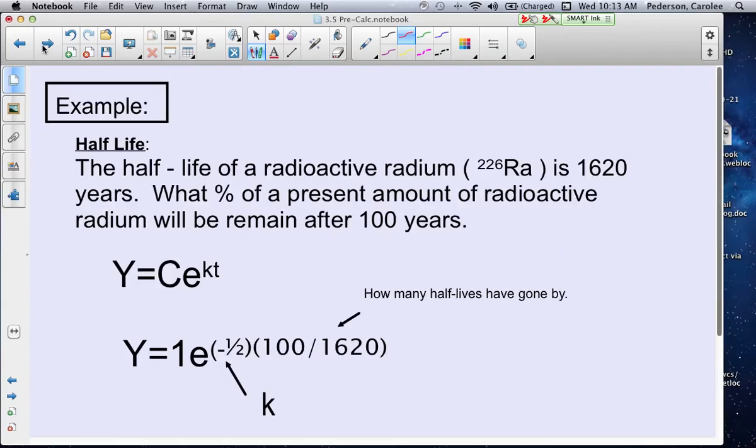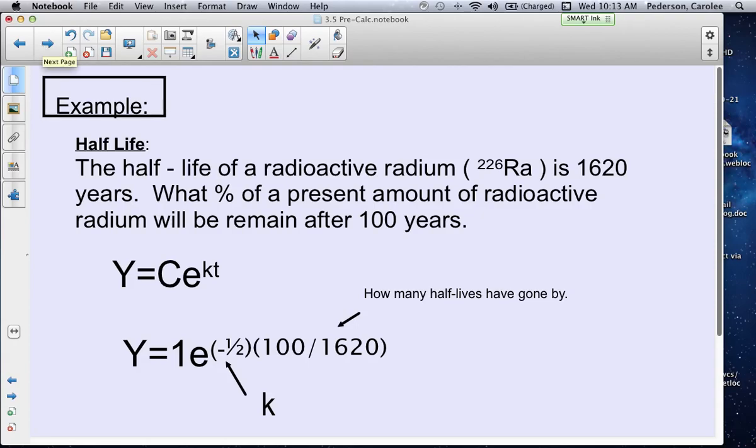All right, last question on half-life. I would recommend that you write this one down too. The half-life of radioactive radium, that same radium-226, is 1620 years. And we want to figure out what is the percentage amount of radioactive radium that will remain after 100 years.